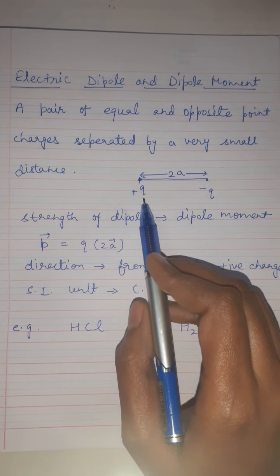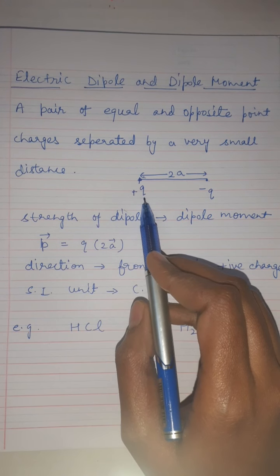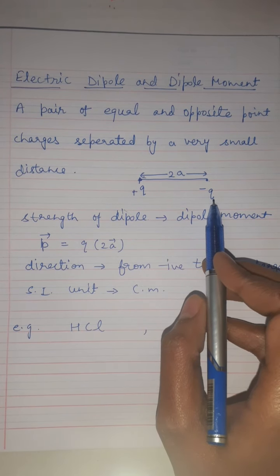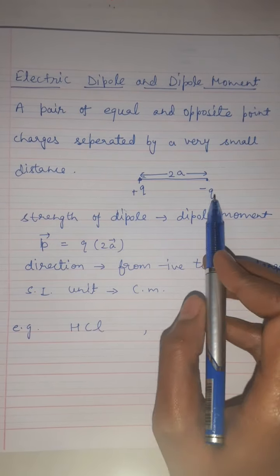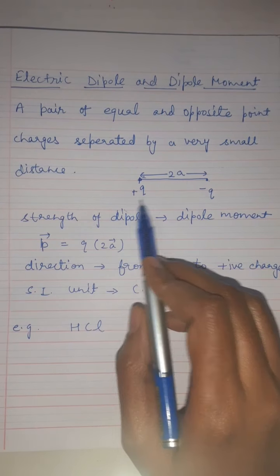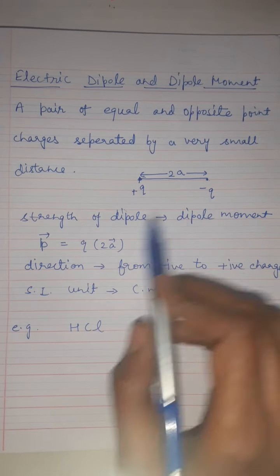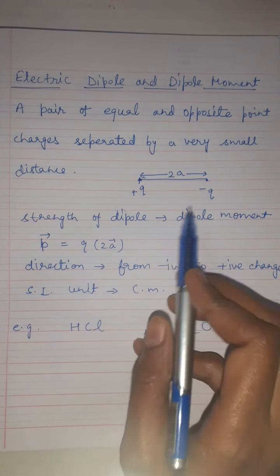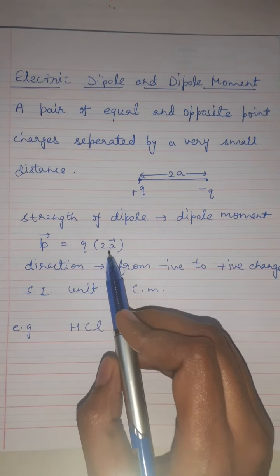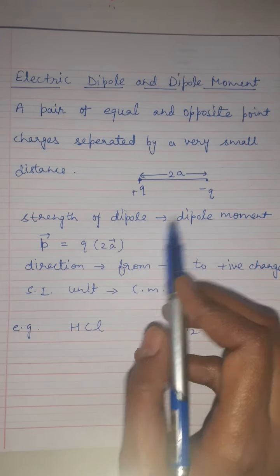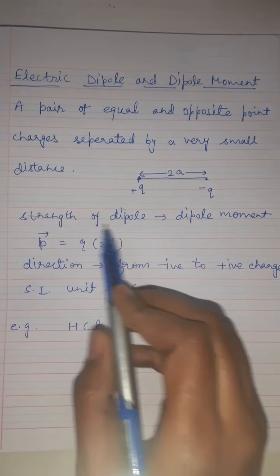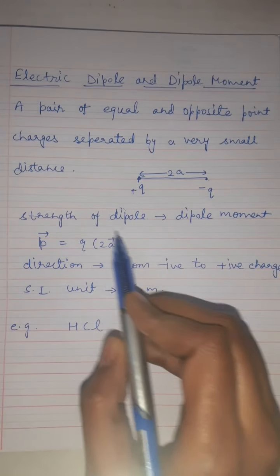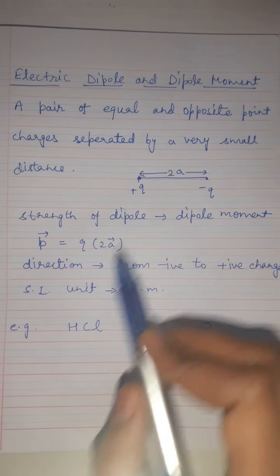Say the charge of this one is q and this charge is minus q. Only their signs are different, their magnitudes are the same. So here we have taken the charge of either of the two charges multiplied by the distance between the two charges. This quantity becomes the electric dipole moment of the dipole.